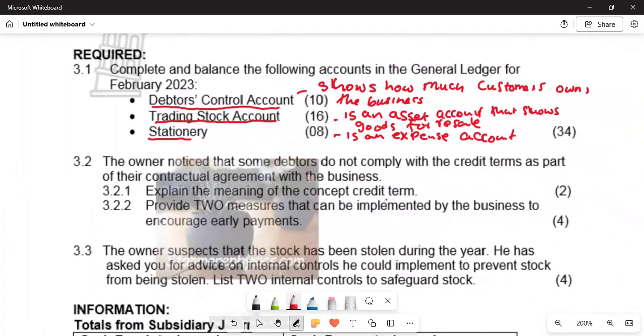Explain the meaning of the concept credit term. So the credit term is the length of time allowed to pay for goods and services that were bought on credit.